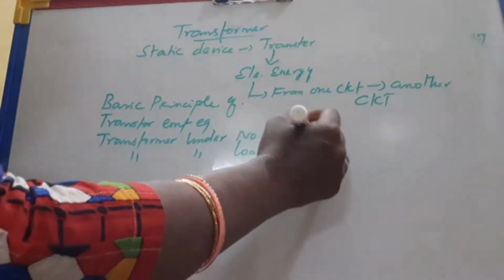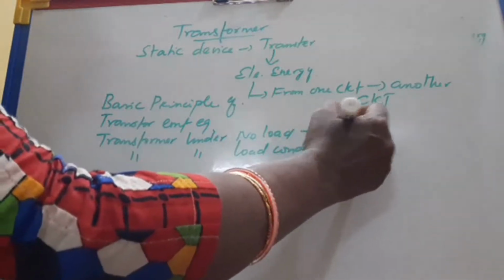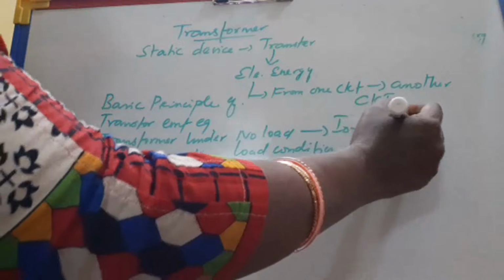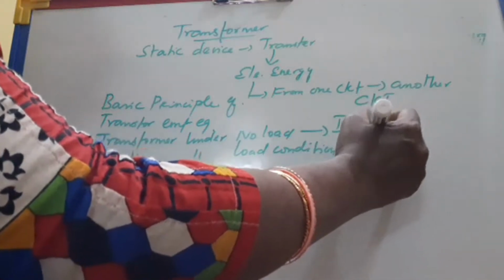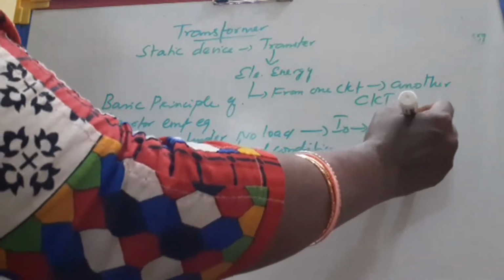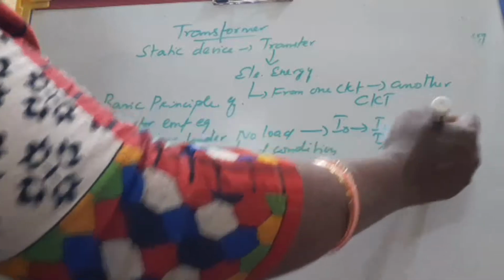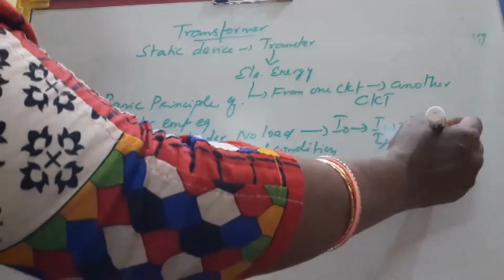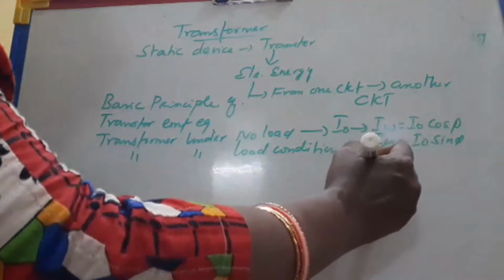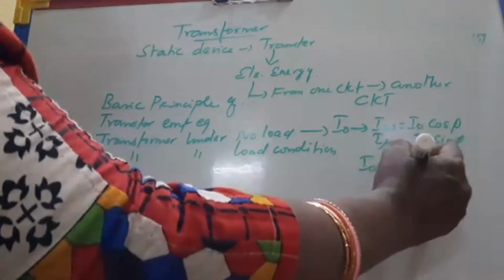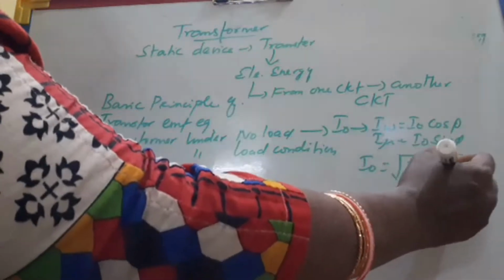In the transformer under no load condition, the no load current is taken into two components, IW and I mu. IW is I naught cos phi naught, and I mu is I naught sin phi naught. So I naught is equal to the square root of IW square plus I mu square.